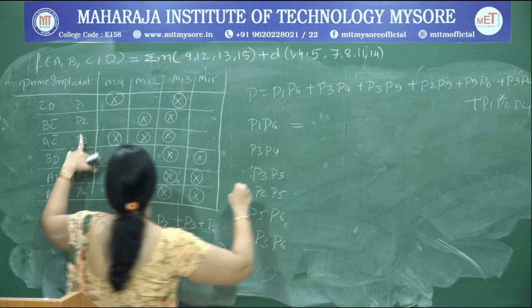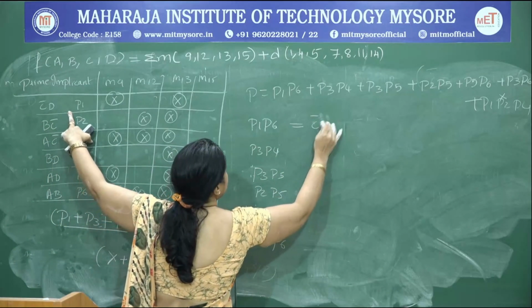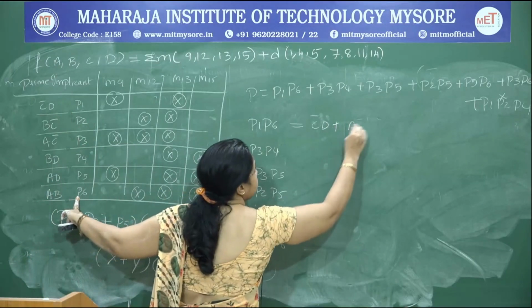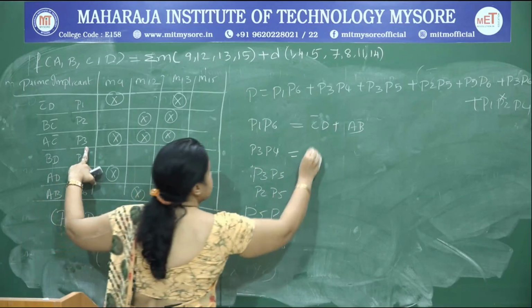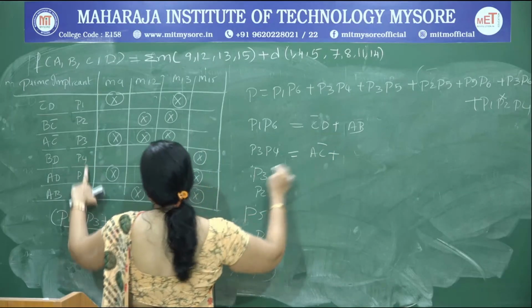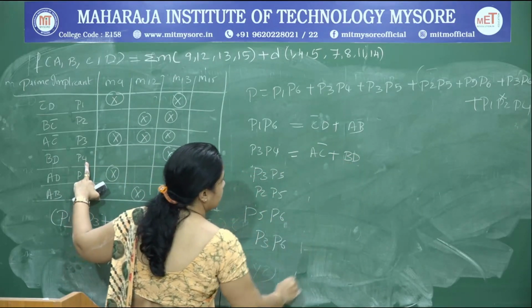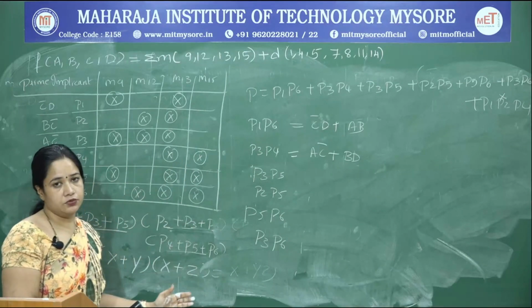So P1, P6 is C bar D plus P6 is AB. This is one solution, and P3, P4 is AC bar plus P4 is BD, and so on. So you just write the expression for all these. So we end up getting 6 possible solutions.